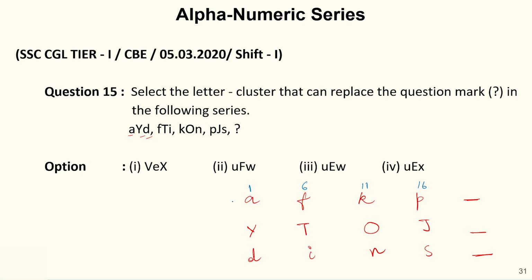It does not matter whether it is in small case or in caps. The logic will be the same. I can see that there is an increment of 5 positions forward. Here also we are going 5 positions forward. Same here. So if I go 5 positions forward, that will give us the 21st positioned letter, and that is small u. So our option will have small u. So I can eliminate this option straight away.